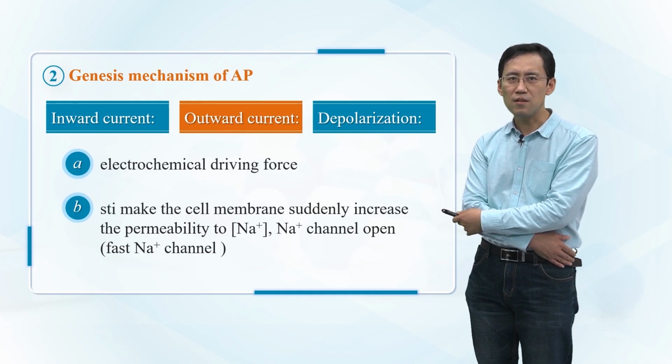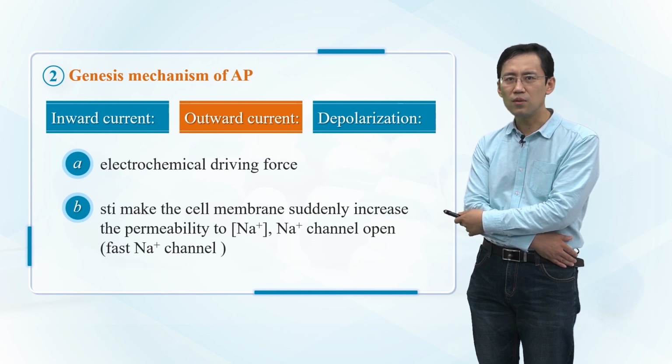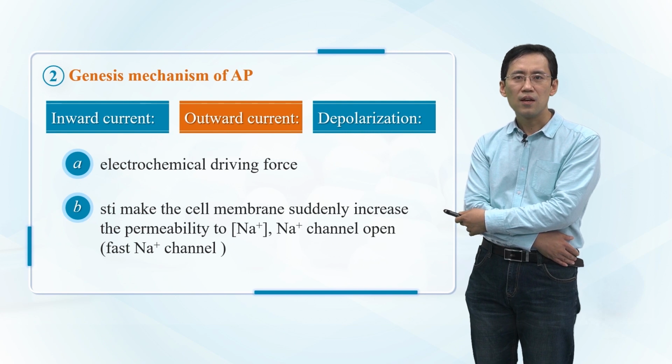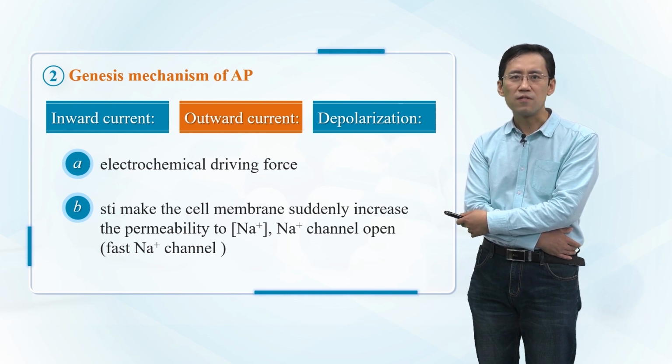Let's see the genesis mechanism of the action potential. It includes an inward current, an outward current, and depolarization. First, the force for this process comes from the electrochemical driving force.